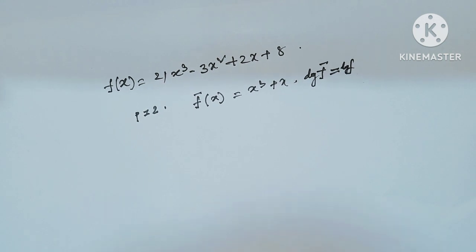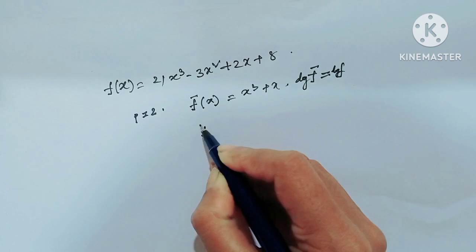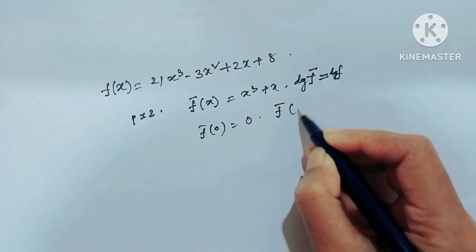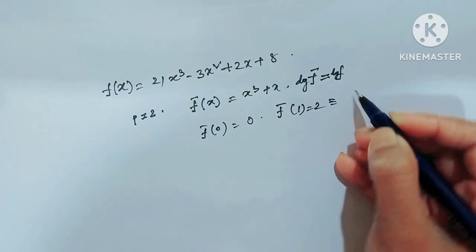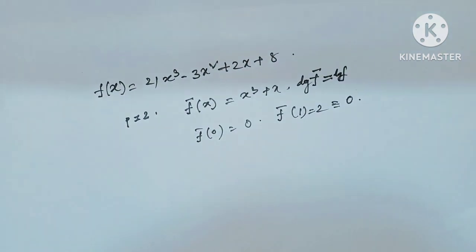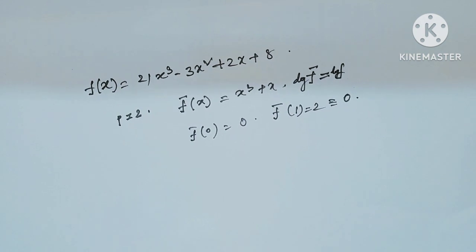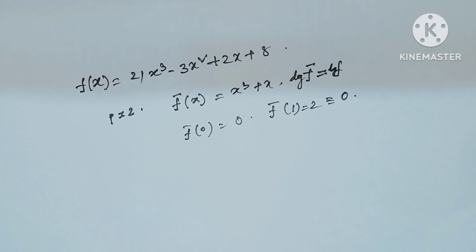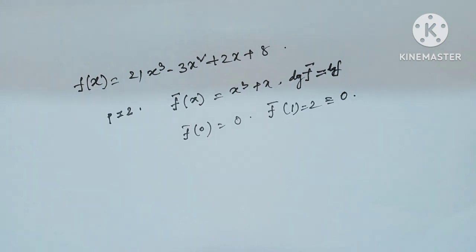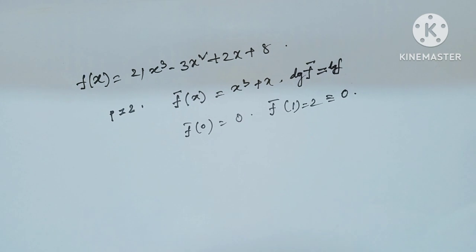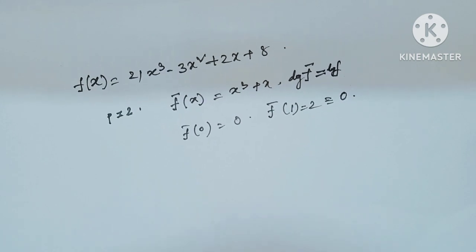the mod p test. Notice f bar(0) = 0 and f bar(1) = 2, which is congruent to 0 in mod 2, but the mod p test does not tell about reducibility, it only tells about irreducibility.